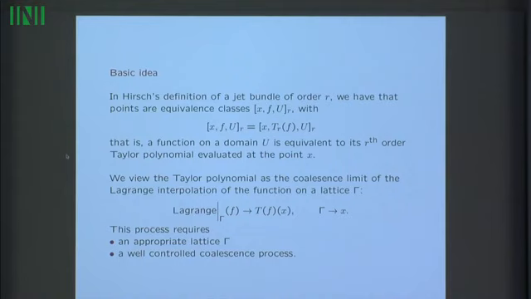So the game plan here is simply to expand the jet bundle and add more dimensions on each fibre, which includes all of my approximations. At the moment we could only do it for Lagrange, Hermite and Taylor, but I'm sure that people here can do better.